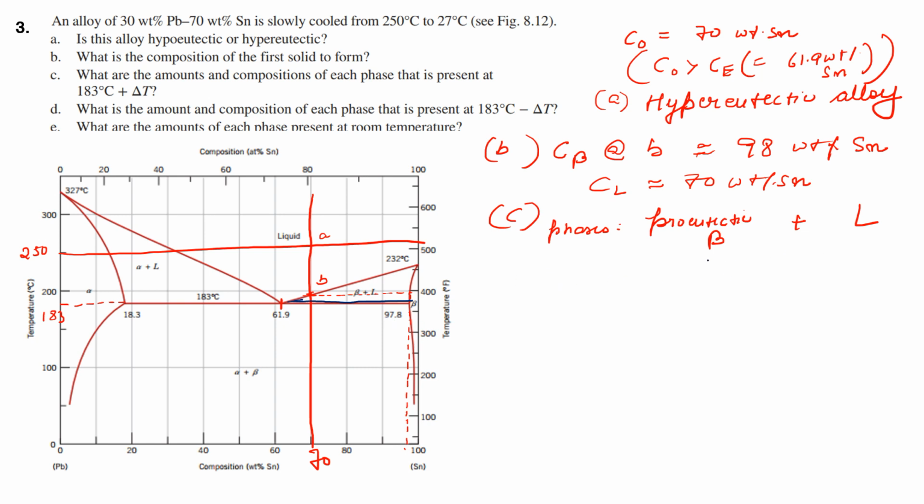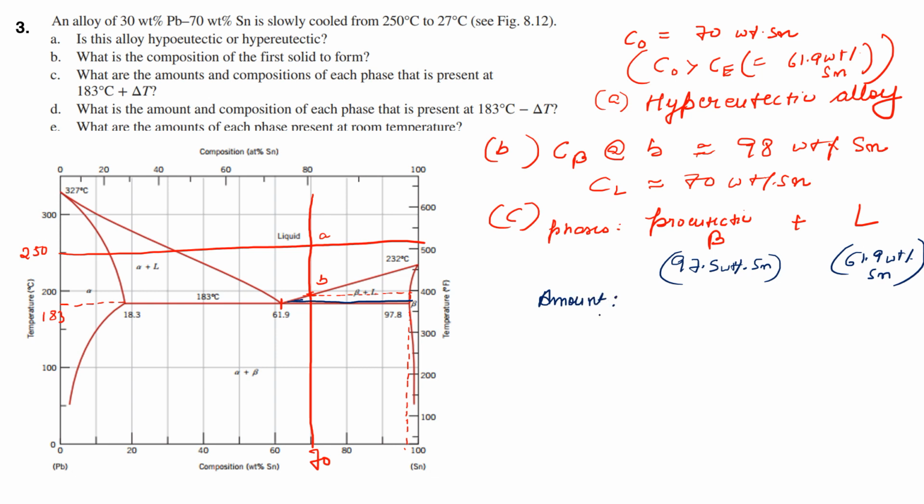So this is 97.5 weight percent tin, and the liquid will be of composition 61.9 weight percent tin, and the amount of phases can be given by the lever rule.